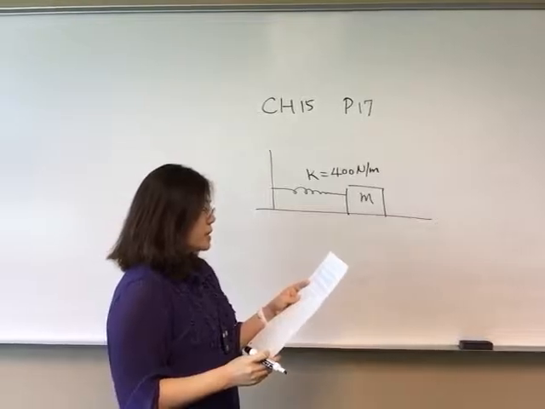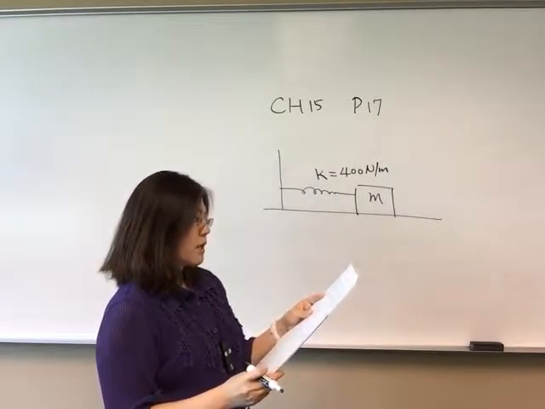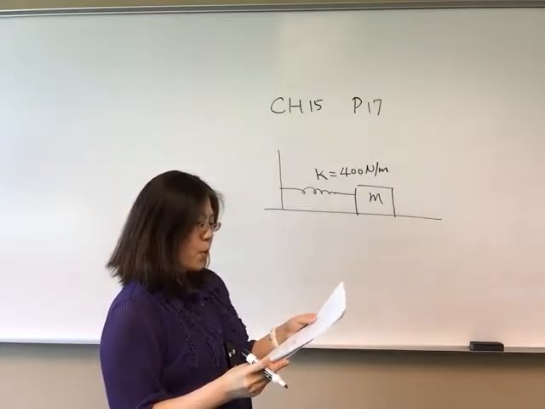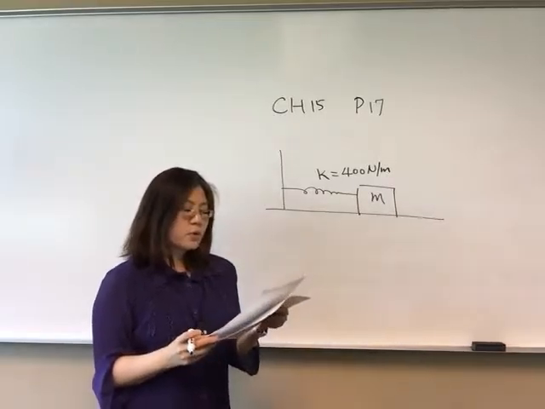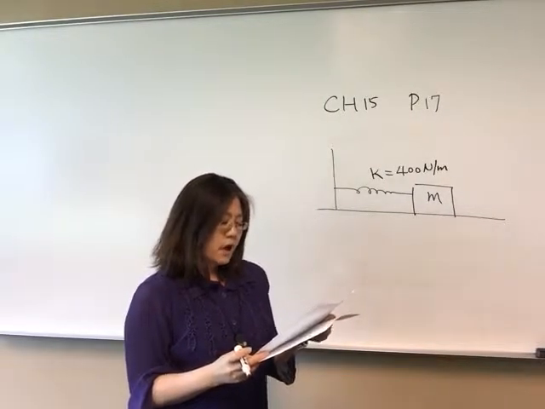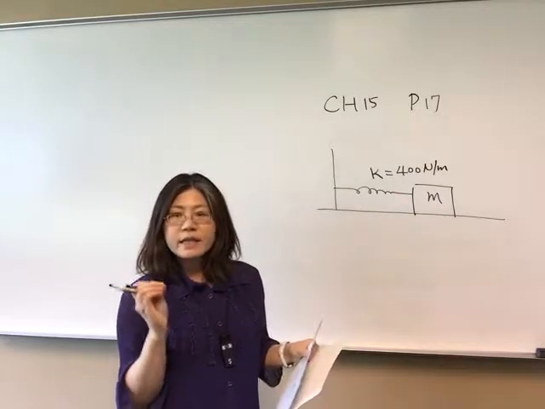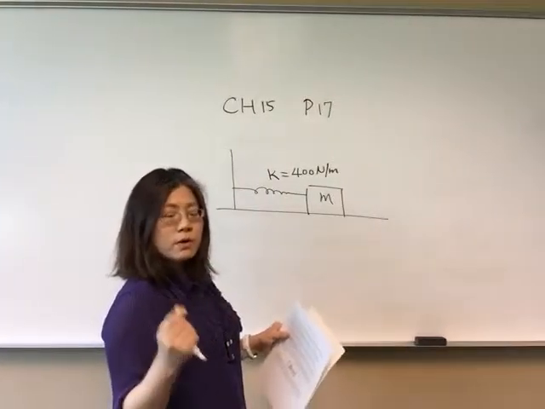An oscillator consists of a block attached to a spring. The spring constant is 400 newtons per meter. At some time t, the position measured from the system equilibrium location, velocity and acceleration of the block are given. Those are instantaneous values, not the maximum values, so you would just use the variable x and not xm.